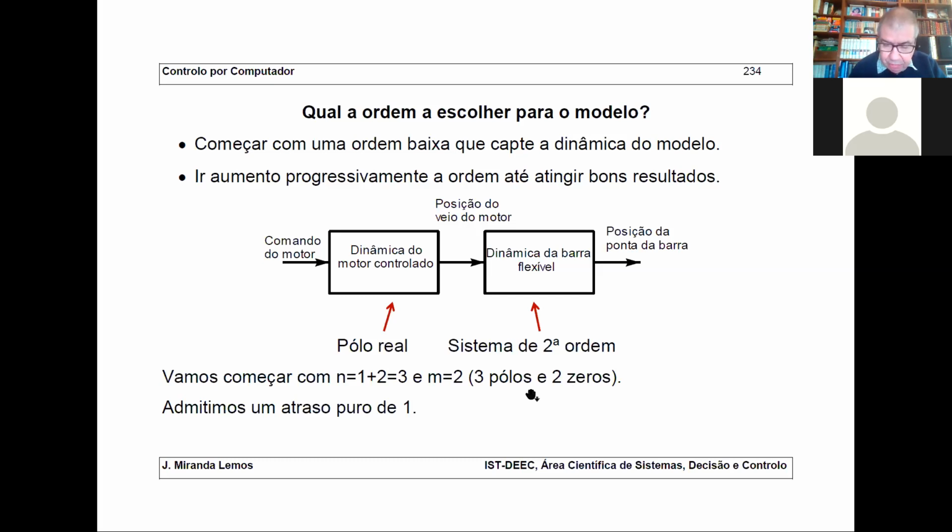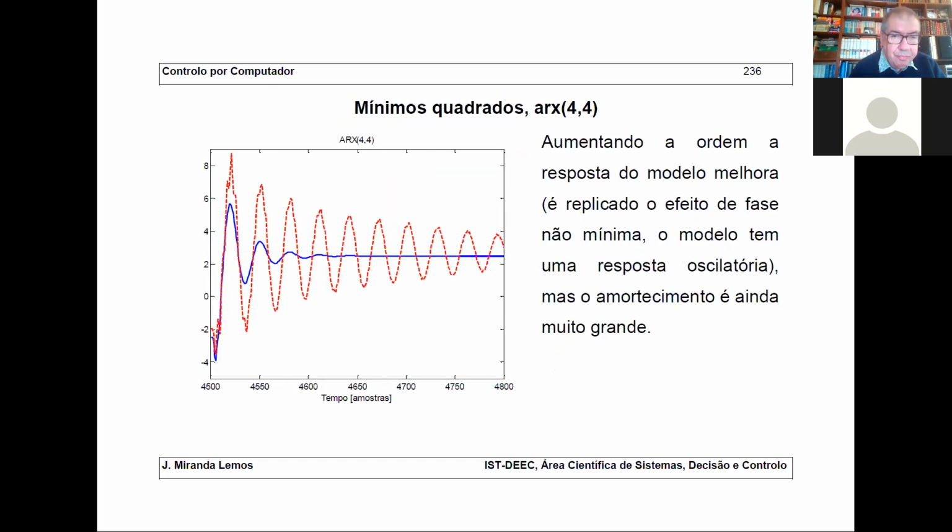So two coefficients give me 1 zero. Now I have a model which is okay. It's oscillating. It replicates the non-minimum phase effect, but the damping is still wrong. Although you could design a controller that stabilizes the bar with this model, it's still very bad.